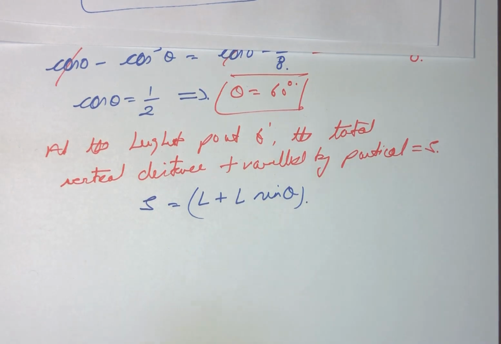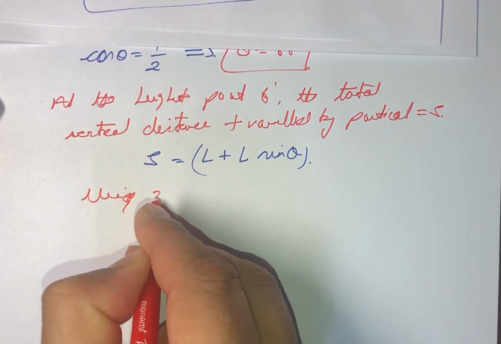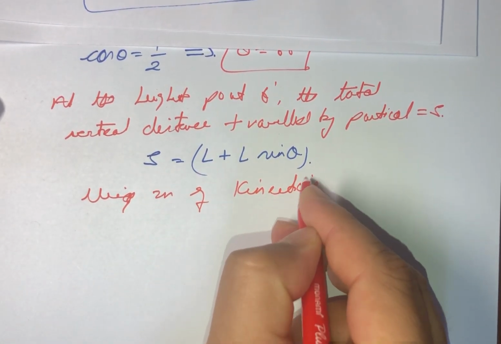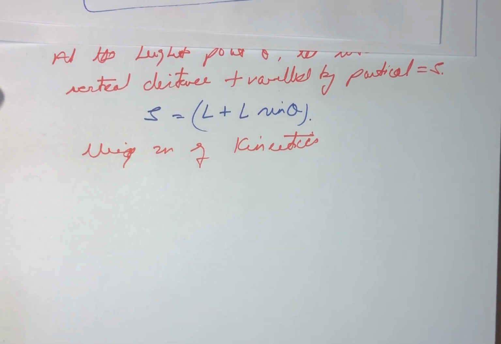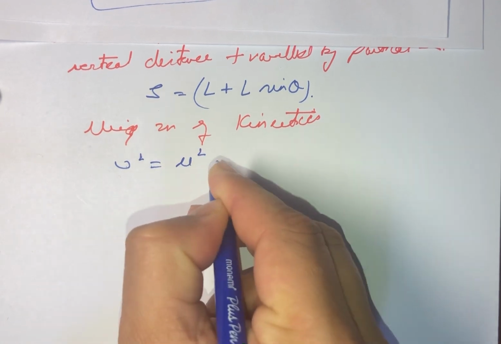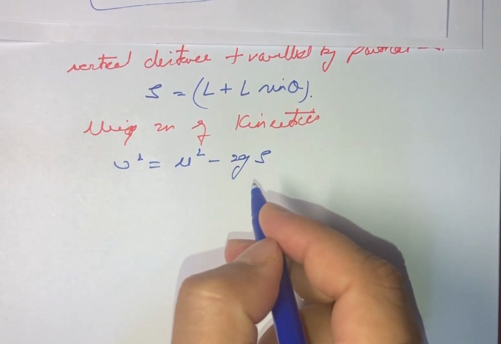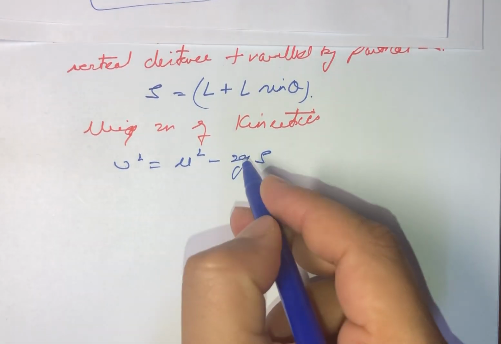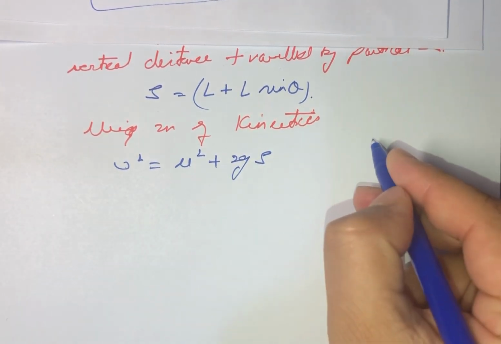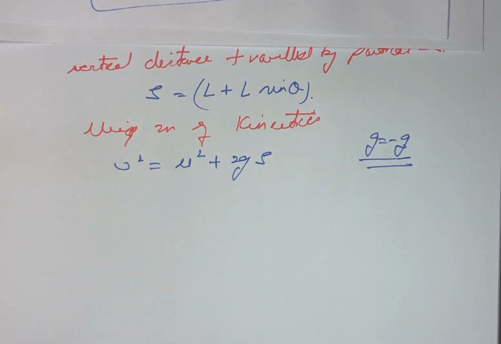So we can use the kinematics equation, v square is equal to u square minus 2gs, where g is taken as minus g.